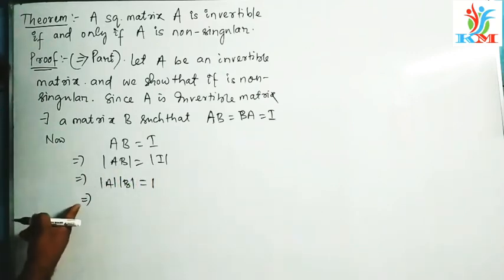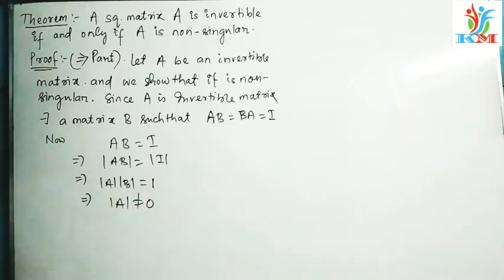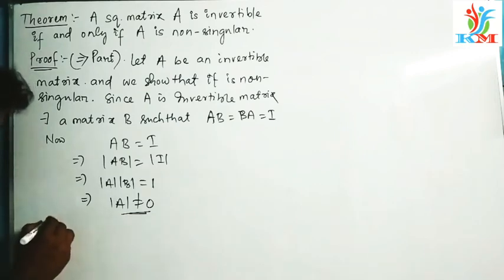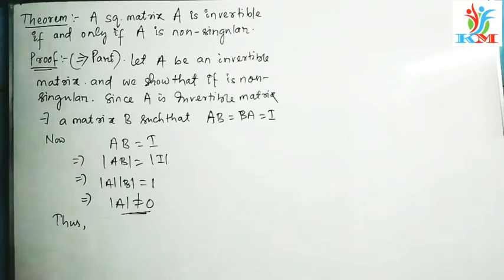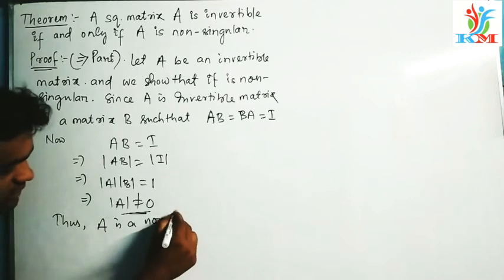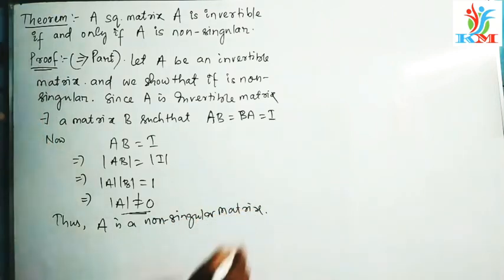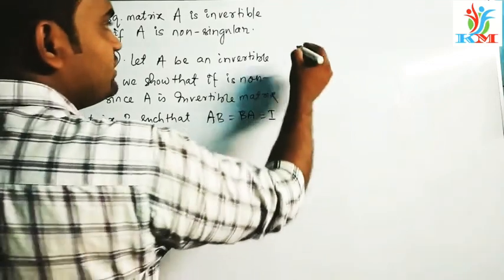That implies the determinant of A is not equal to 0. Thus, since determinant of A is not equal to 0, A is a non-singular matrix. So in the forward direction we showed that if a matrix A is invertible, then it must be non-singular.